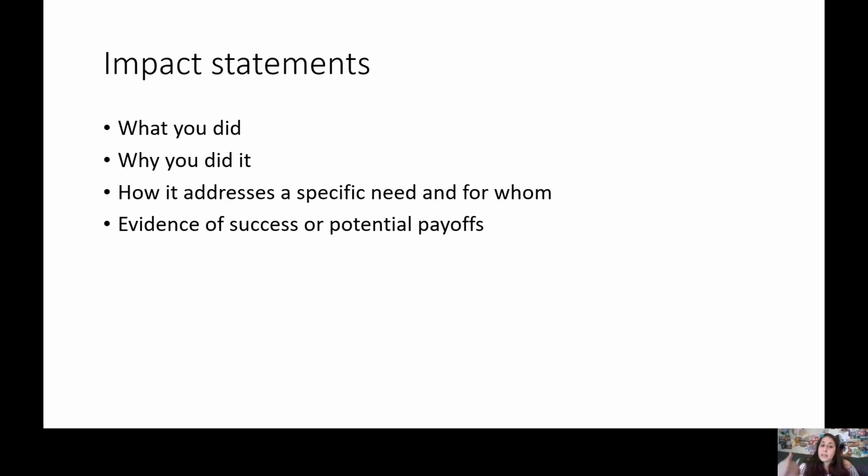One of the things that you might find helpful is working on an impact statement. So, one or two sentences that say what you did, why you did it, and how it addresses a specific need. This is something that I would put up front in your abstract, in your introductions, and in your conclusions, relating why this work is important to society as a whole, why this work makes a difference, and for who.